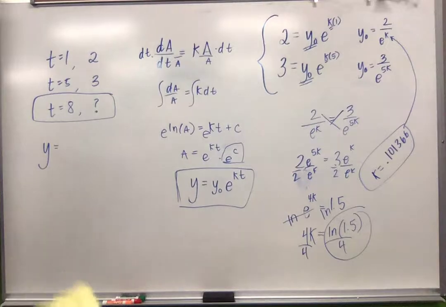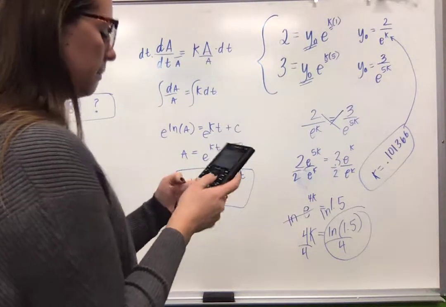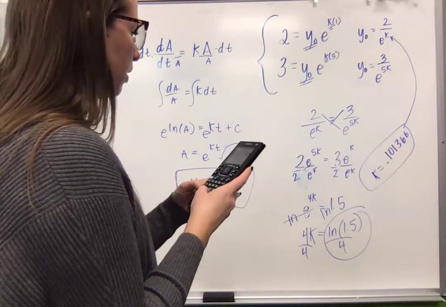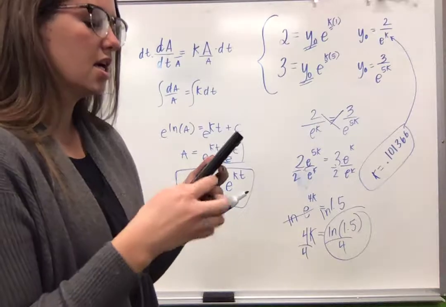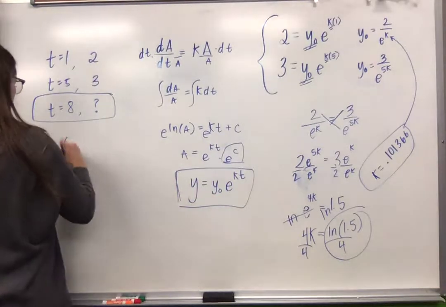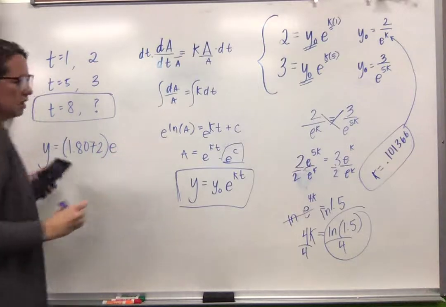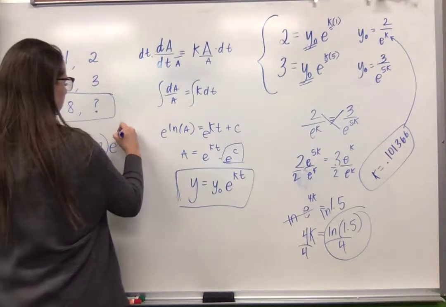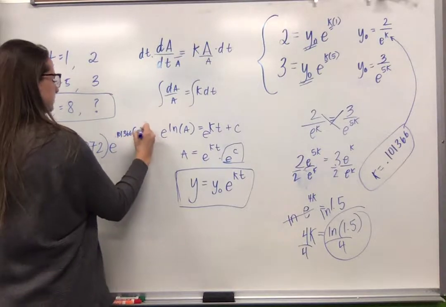So hopefully you have a calculator with you. Just plug it in. So 2 divided by e to the k, 0.101366, is 1.8072. We still have e. Our k is this, 0.101366, and our time is 8.